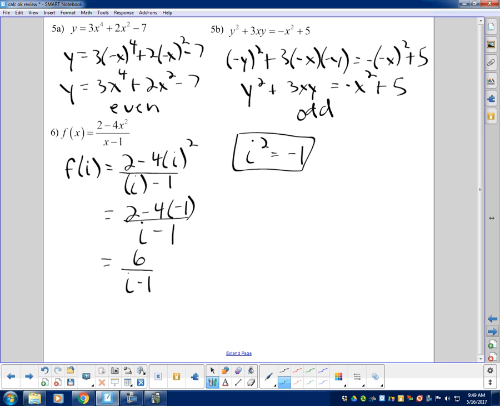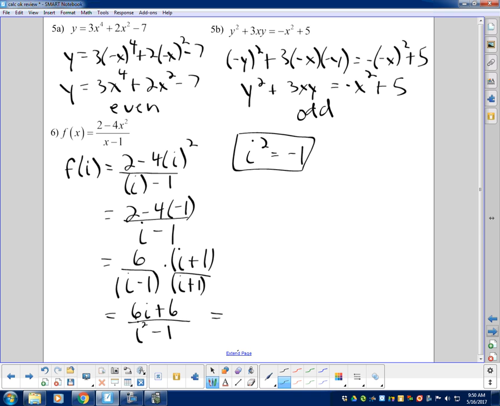Rationalizing the denominator. Actually, we're doing complex division is what we're doing. So we're going to multiply by the conjugate here and not have any i in the bottom. So we're going to multiply by i plus 1 over i plus 1, parentheses around it. So we end up with 6i plus 6 over i squared minus 1.